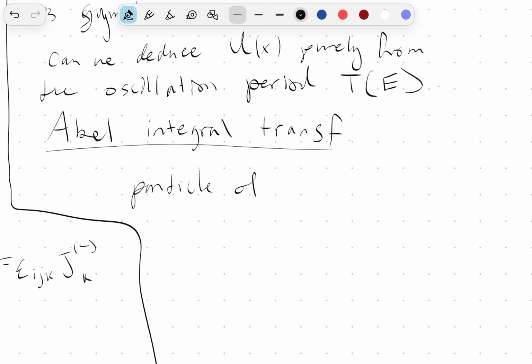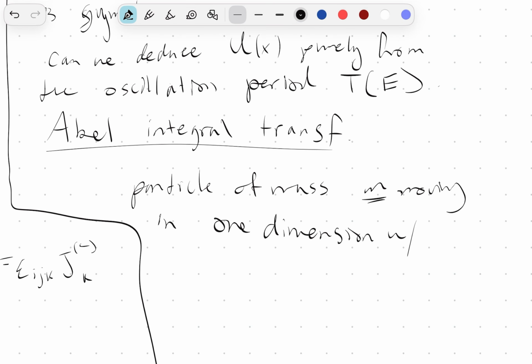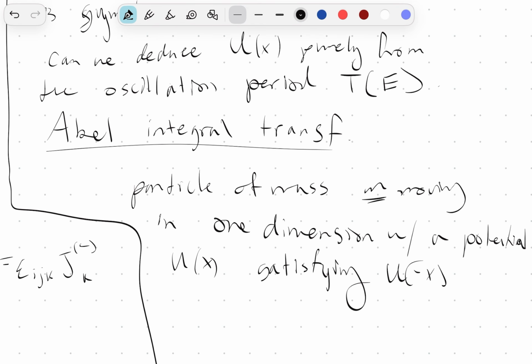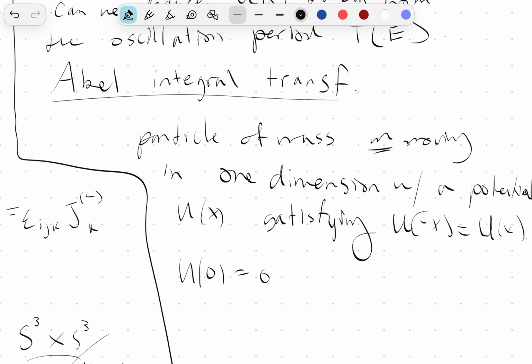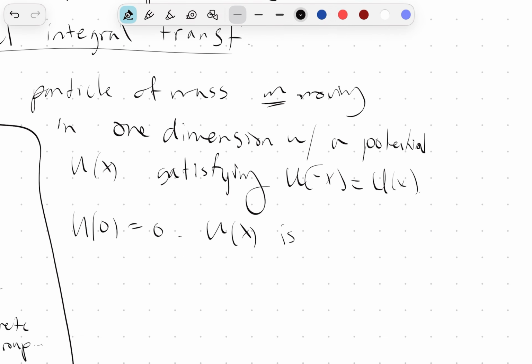moving in one dimension with a potential u of x satisfying u of minus x equals u of x, and that u of 0 equals 0, and that u of x is strictly increasing for x greater than 0.